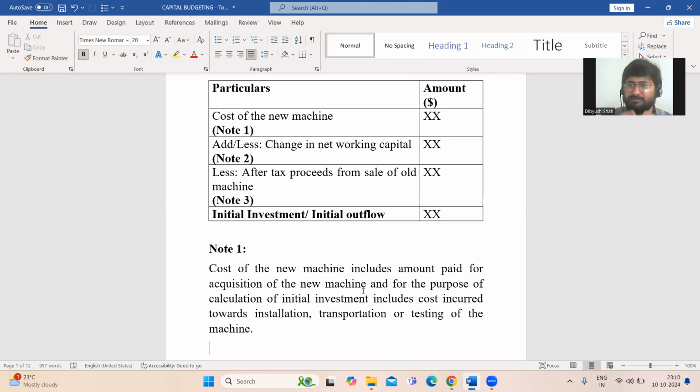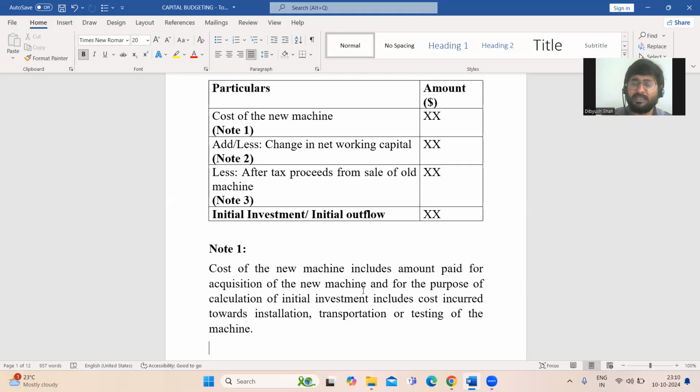Cost of acquisition means the purchase price that you have to pay to the supplier. Second, any freight inwards. If you are going to pay for transportation from the supplier's place to your place, that should be included in cost of new machine only.